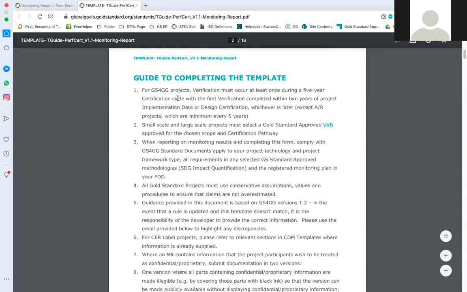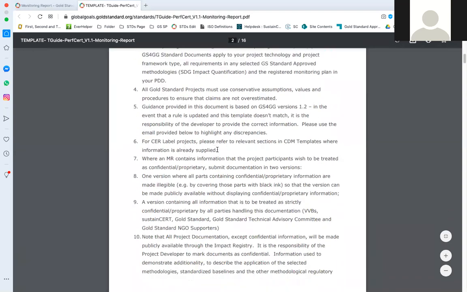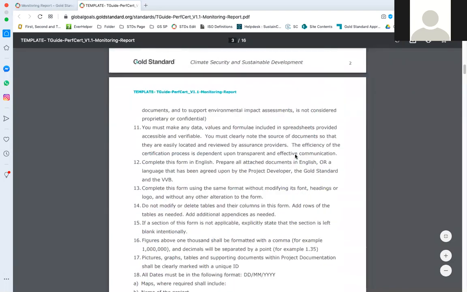There is a deadline within 2 years of implementation of design certification. Again, it's a signpost to the rule. A rule signpost again to use VDBs that are approved for your project and scope. It talks about CER labels and how compliance should be demonstrated when using CDM templates. I think that's a useful addition as well.